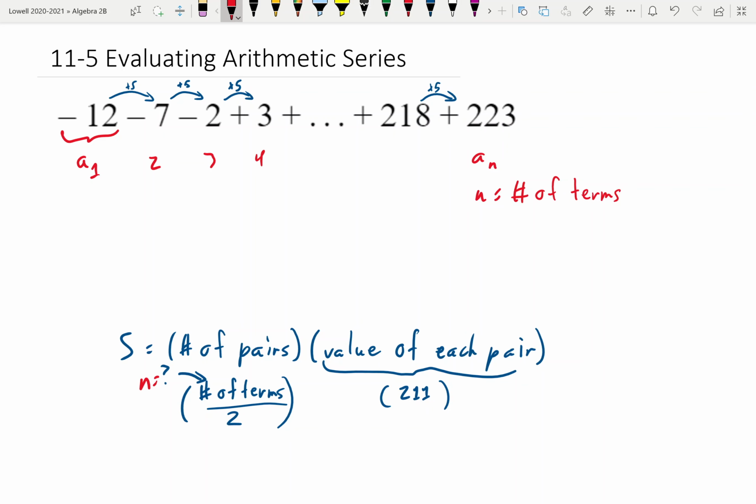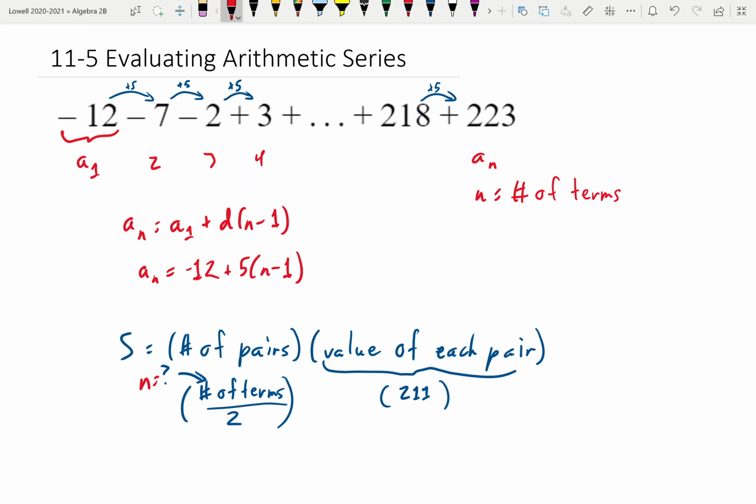I can create an equation for A sub n because I know where the series starts and how it grows. A sub n is going to be equal to A1 plus the common difference times n minus 1. So plugging in everything we have, A sub n is going to be equal to negative 12, don't forget the negative sign there, plus 5 times n minus 1.